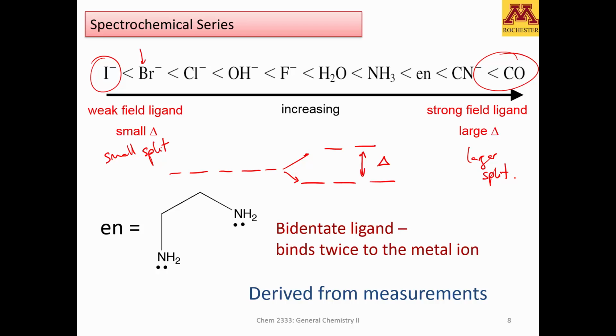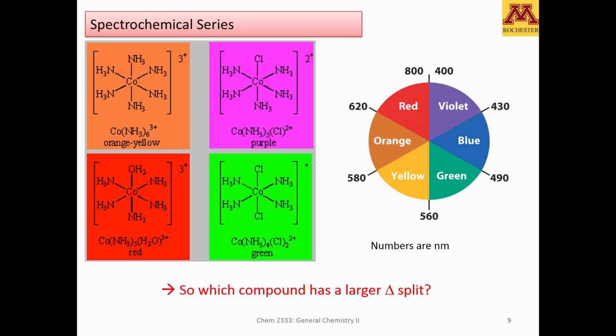So what kind of questions can we answer with the information that we have described so far? Well, in this case, we are given 4 different coordination complexes. Notice that all of them are cobalt 3 plus, and if you go to the periodic table, cobalt 3 plus is a d6, and you have to place 6 electrons, and so typically we can put them here.